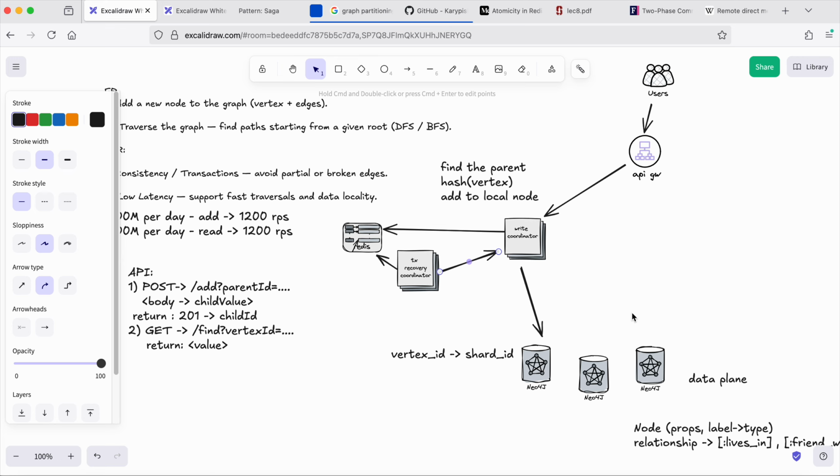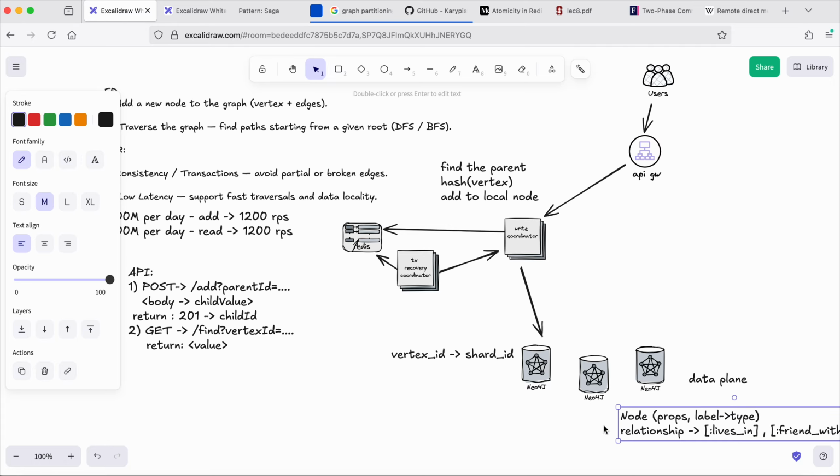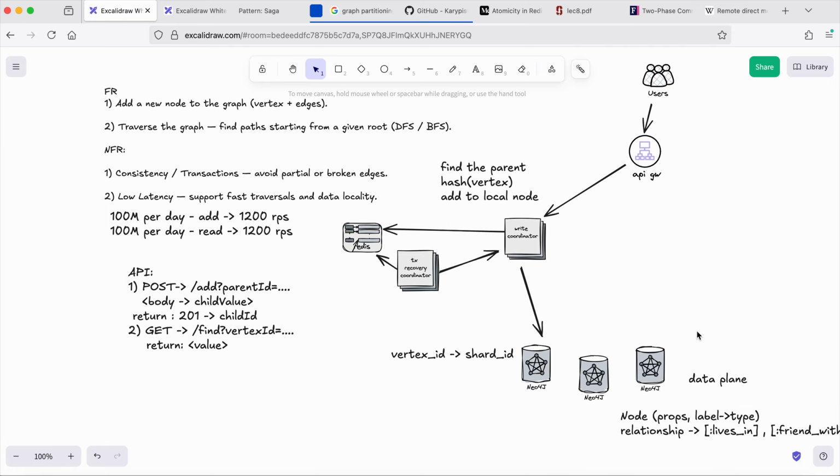That's kind of complex, so I would like to add more things here. I would like to highlight how the data will be stored. That's our data structure under our Neo4j.